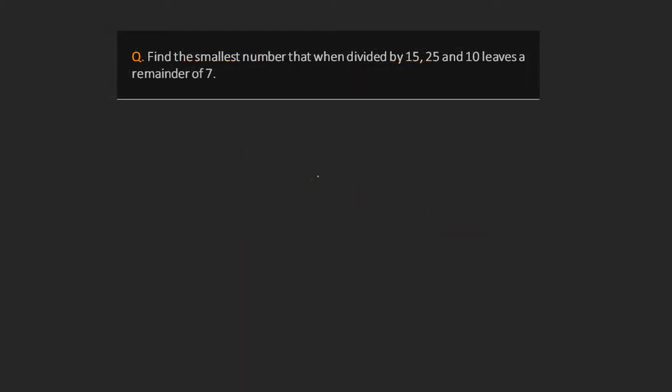Next question. Find the smallest number that when divided by 15, 25 and 10 leaves a remainder of 7. This time it's about the LCM. The question is about the number that is divided by these numbers. So we are talking about a common multiple, and because it says the smallest number, it is the least common multiple. Here too, there's a remainder involved, but we need to handle it differently this time. Let's first find the LCM.